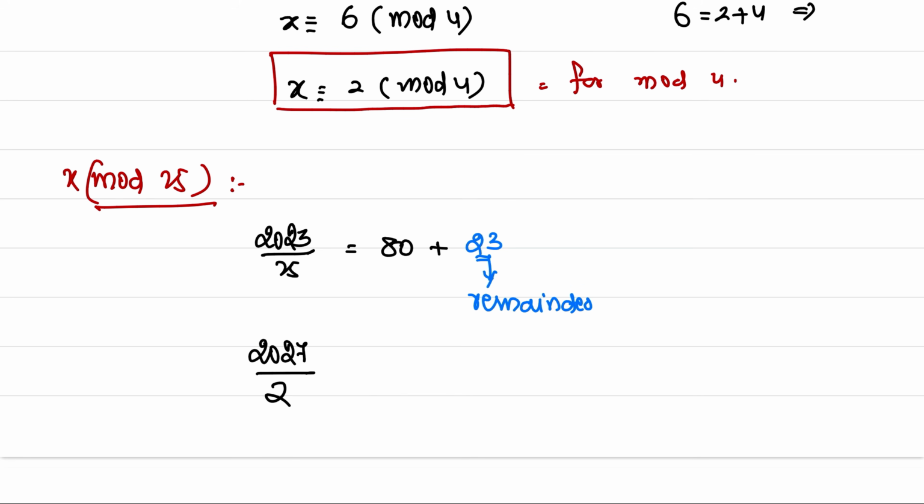2027 by 25, what will it be? 81 plus, what will be the remainder? The remainder will be 2.